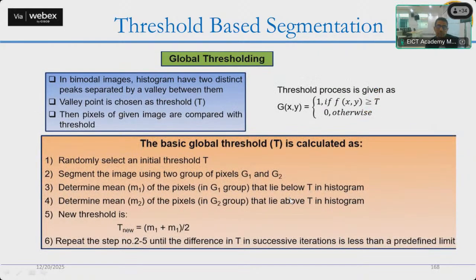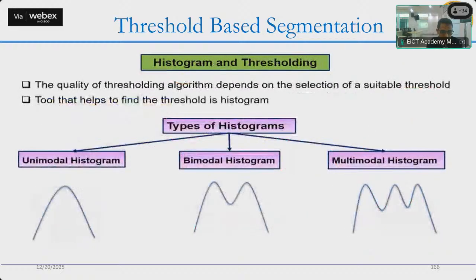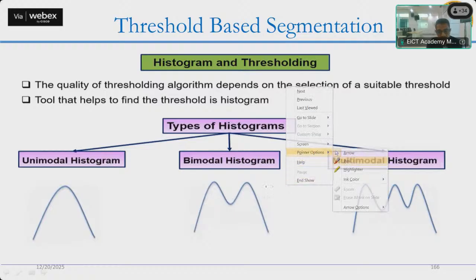So global thresholding basically applies to bimodal images, where the histogram has two distinct peaks separated by a valley between them. As we have already seen, these are the peaks, and this region is what we call the valley.